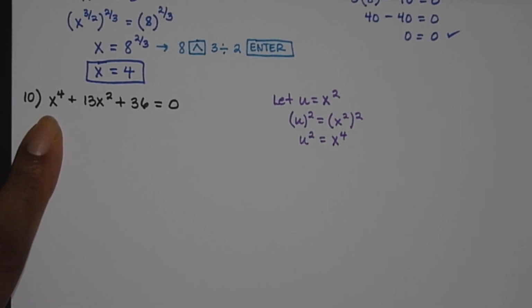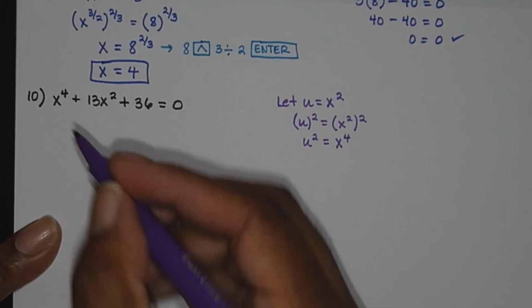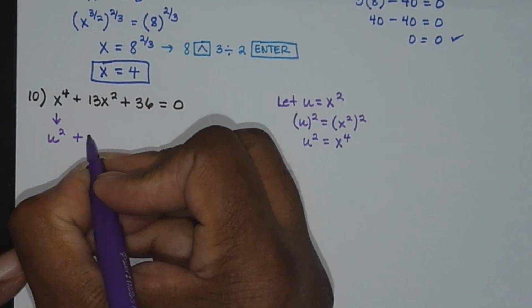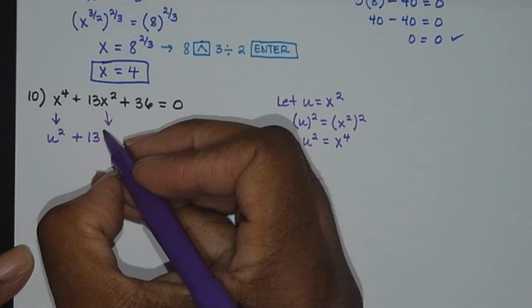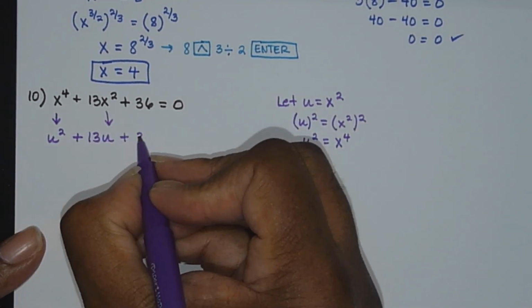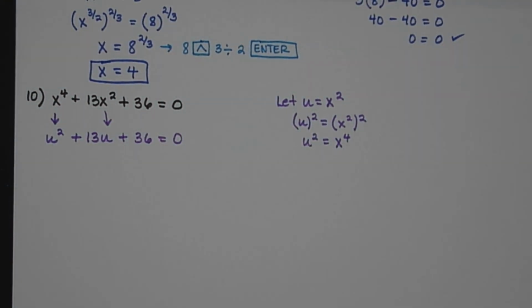So that means your x to the 4th, right here, that would be u squared. So this x to the 4th would be u squared plus 13 times that x squared, we're letting that be u. So it'll be 13u, and then plus 36 equal to 0. So now we have a quadratic equation in terms of u.